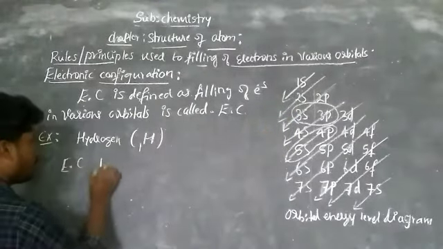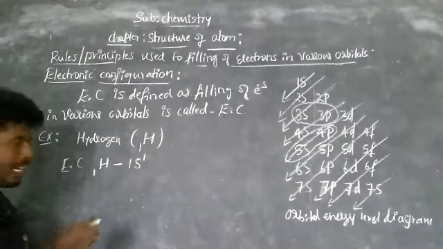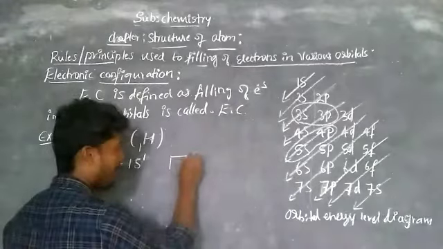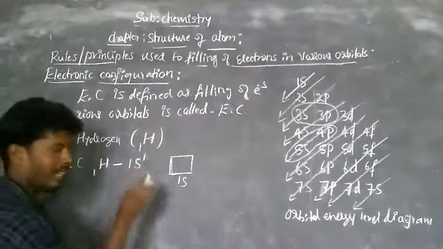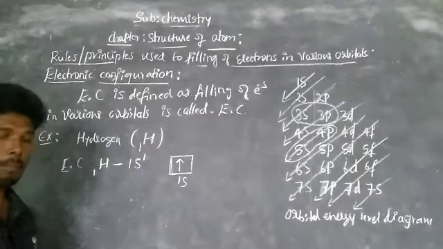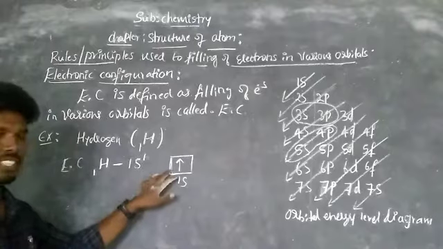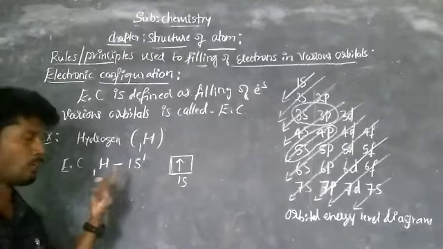So the electronic configuration of hydrogen is 1s1. The s orbital has only 1 electron. This is represented in an orbital diagram. This is 1s. Only 1 electron, so write it like that. Either it will be up spin or down spin, but in most cases it has positive up spin, that is plus half, when we are seeing only 1 electron.